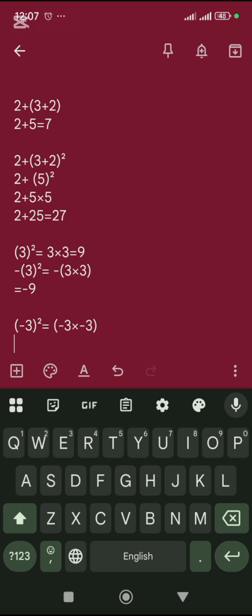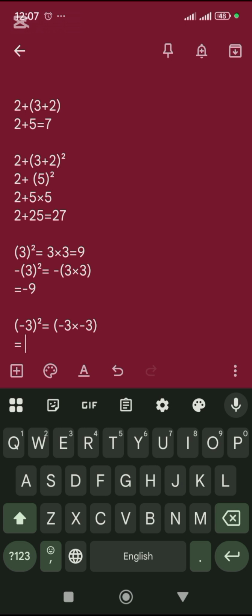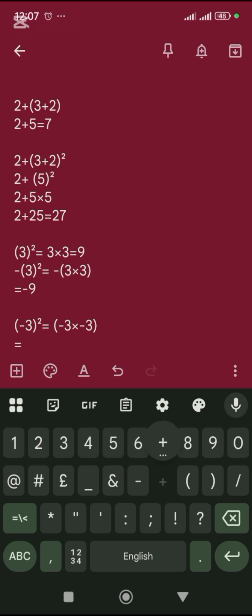Remember, when you are dealing with something like this, we have done this in extras 1, that minus times minus is plus. 3 times 3 is 9. And so this is equal to 9.